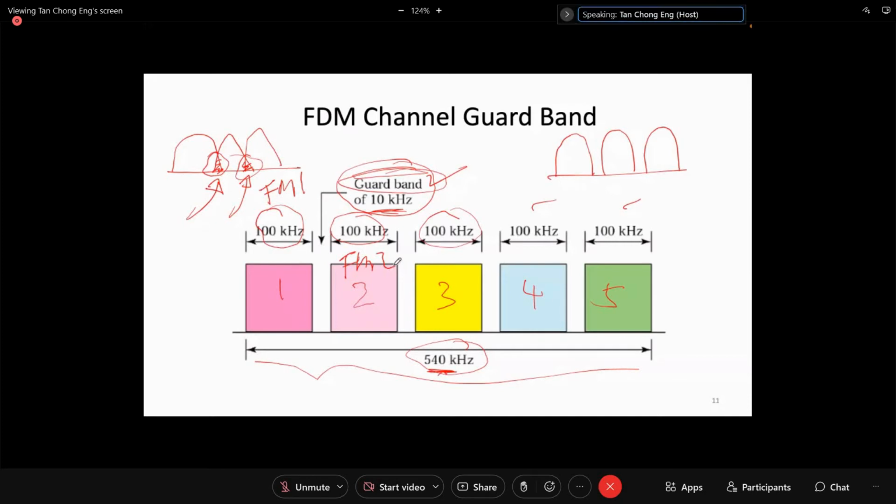When you change your channel, when you change your station, you are switching from one frequency to another frequency, which represents a different radio station. So this is exactly a live example that will help you understand the concept of FDM better.